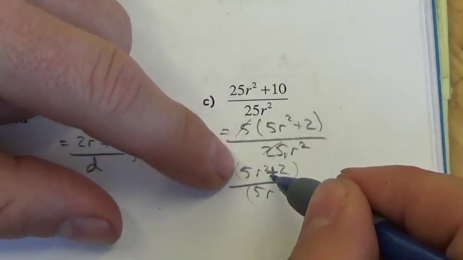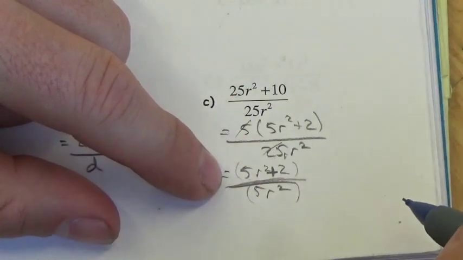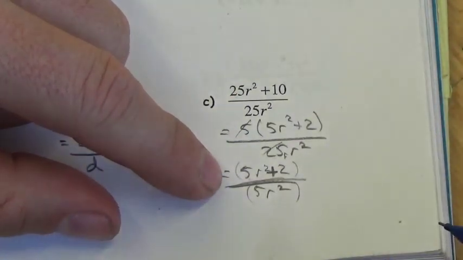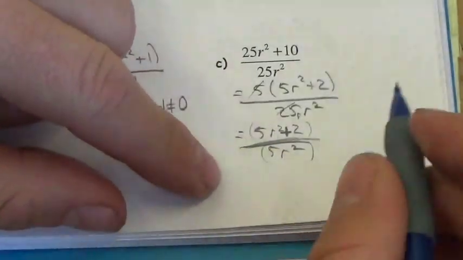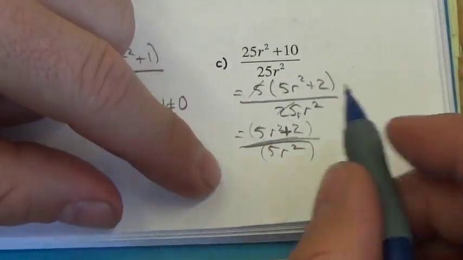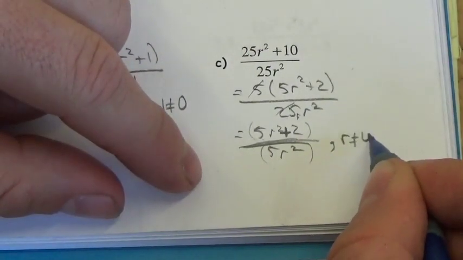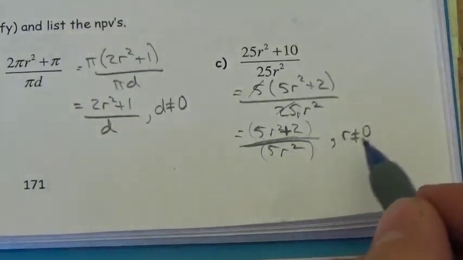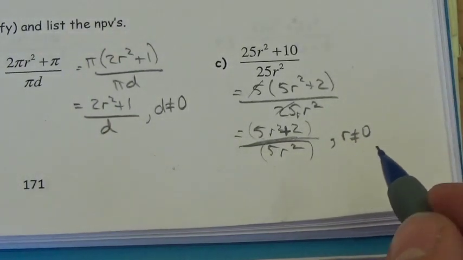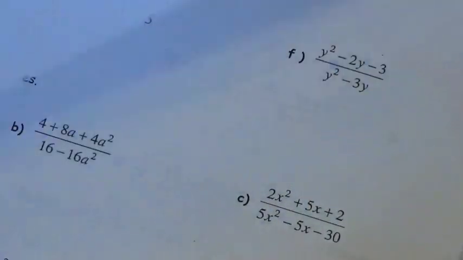I would need to add those two together first before I move on and do the division. If I cancel right away like that, I'm doing the division too soon. I can't do that. So that is as good as it's going to get. With the stipulation that r cannot be equal to 0, because that would force the denominator to go to 0. Again, this is not necessary to state mathematically, but again, to get the mark, you need to state the non-permissibles.